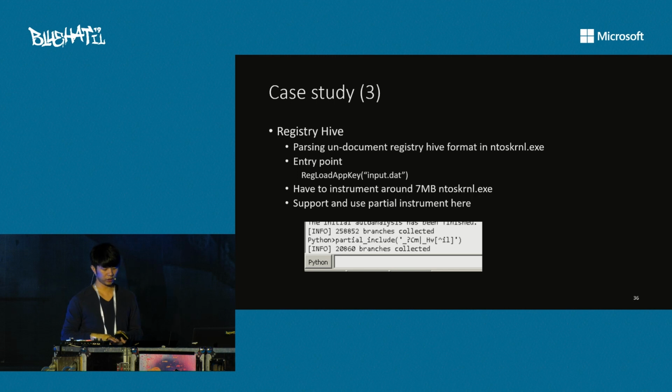It doesn't make sense to instrument the whole NTOS kernel, so we partially instrument only the code that we are concerned with. As you can see in the picture, the NTOS kernel is partially instrumented with some regular expression matching. The match is on the symbol's name.